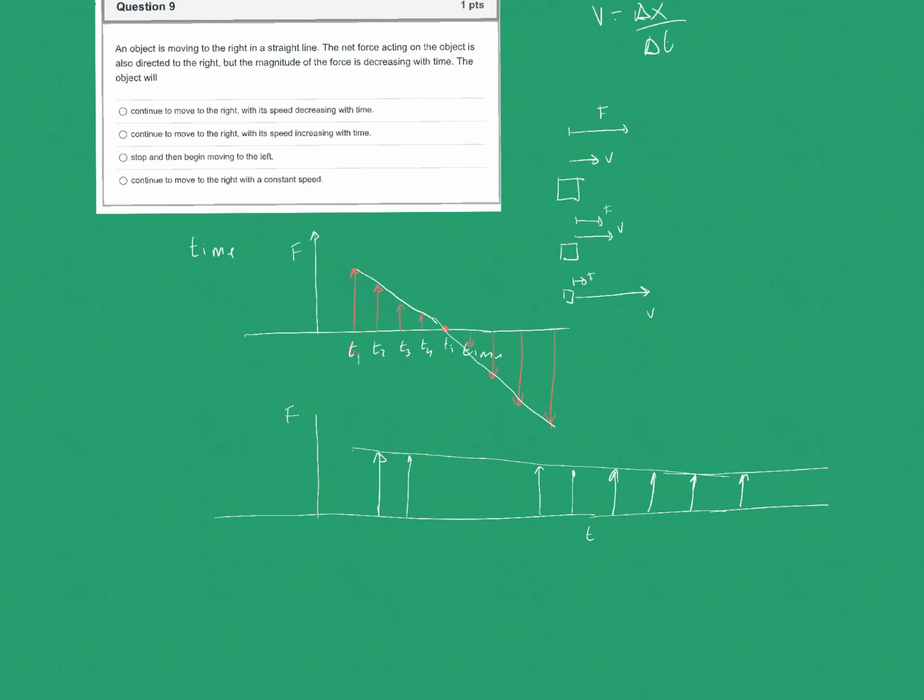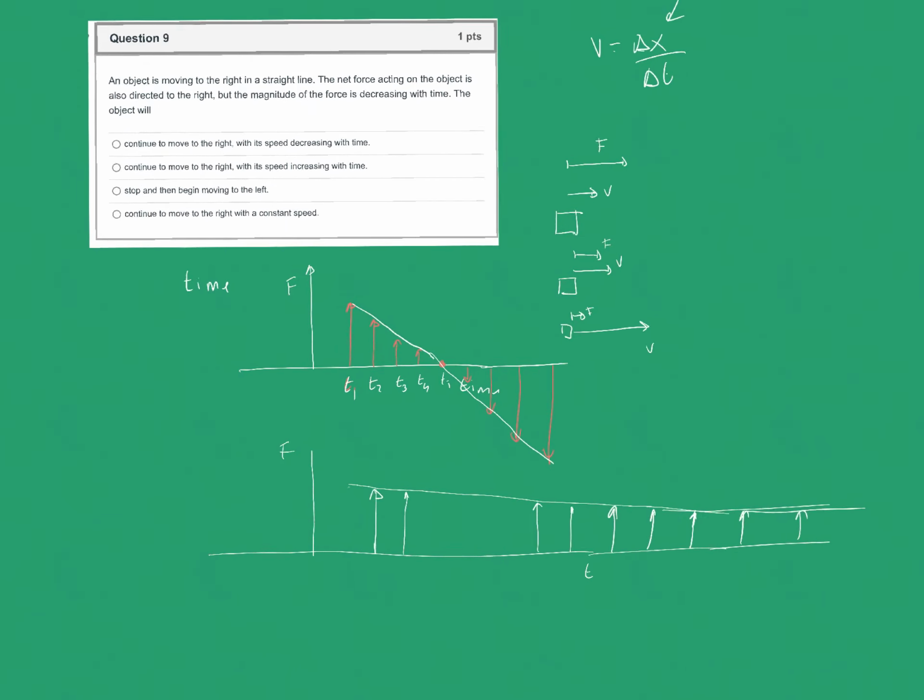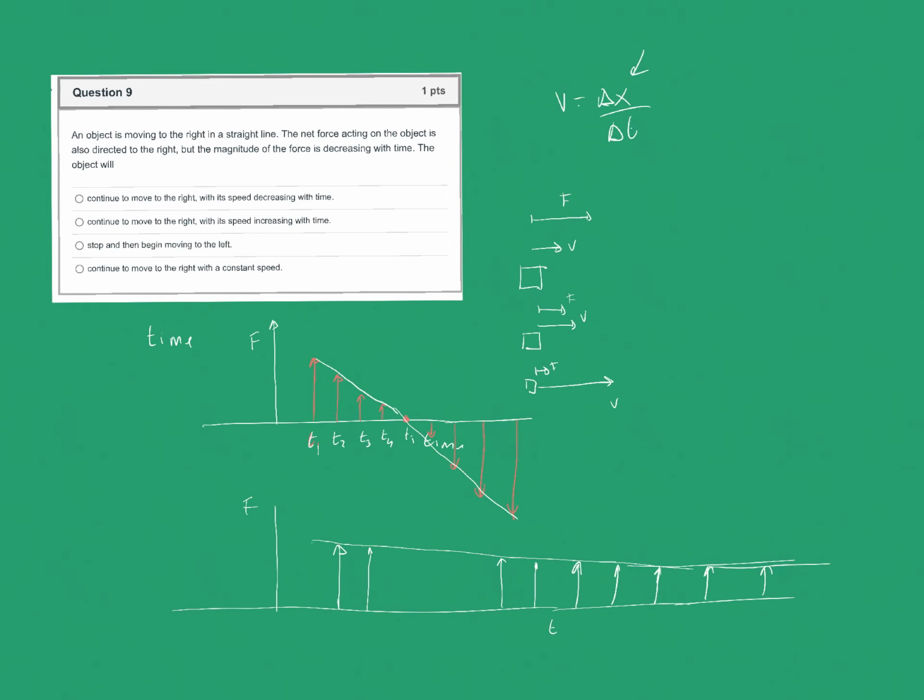So the force will never be negative. So the force produces acceleration. Acceleration produces change in velocity. So the body is always increasing its velocity meanwhile the force is acting. So what is the correct answer here? You choose which one is the correct answer.